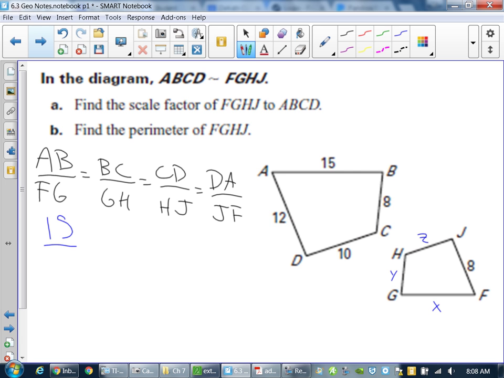Just to keep them like that for right now. So I have an X, BC is 8, GH is the Y, CD is 10, and a Z, and a 12, and an 8.